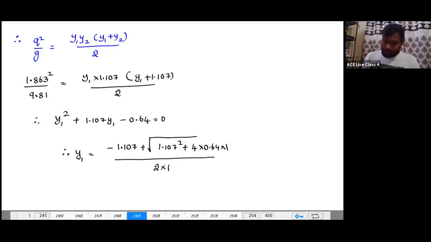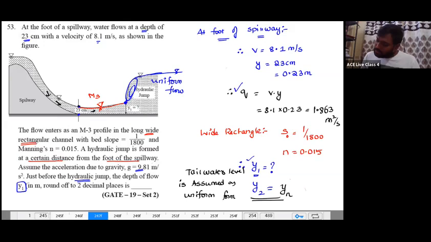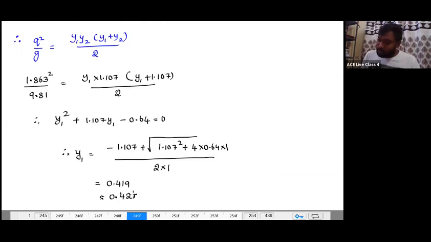So the answer is going to be 0.419, rounded to 2 decimals, right? They're asking for the answer rounded to 2 decimals. The answer is going to be 0.42 meters.